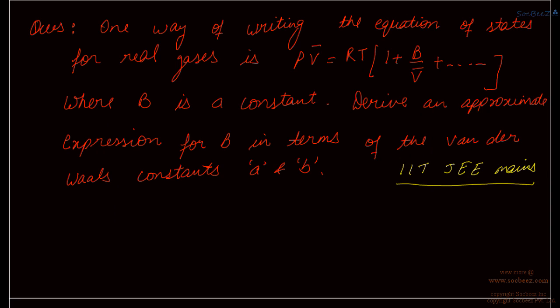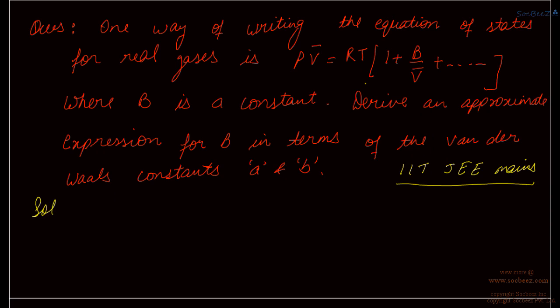So the question states that one way of writing the equation of state for real gases is PV equals RT times 1 plus B upon V plus something going on, where B is a constant. Now derive an approximate expression for B in terms of van der Waals constants a and b. Okay.